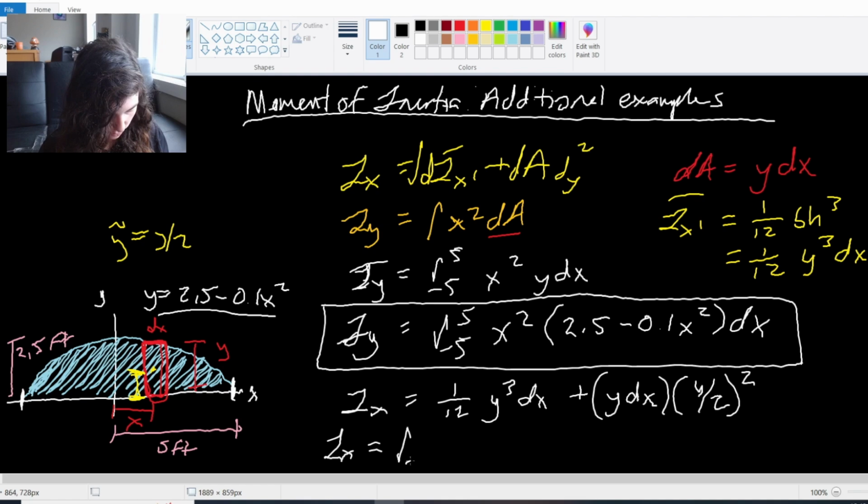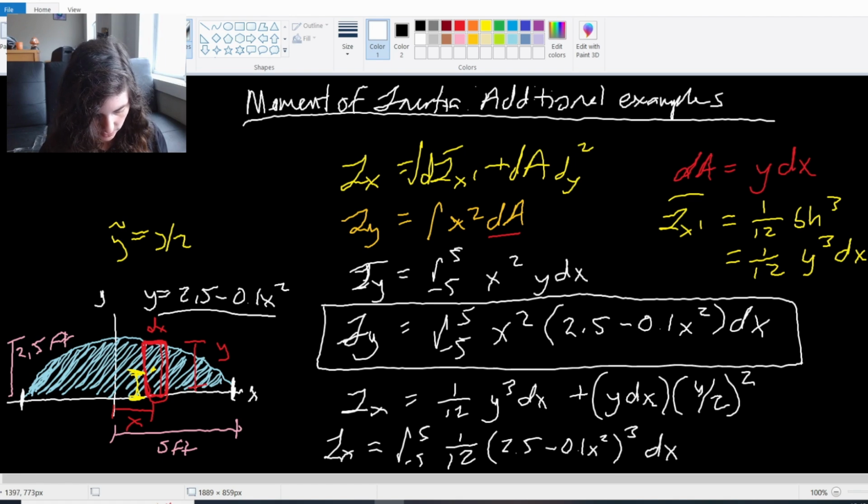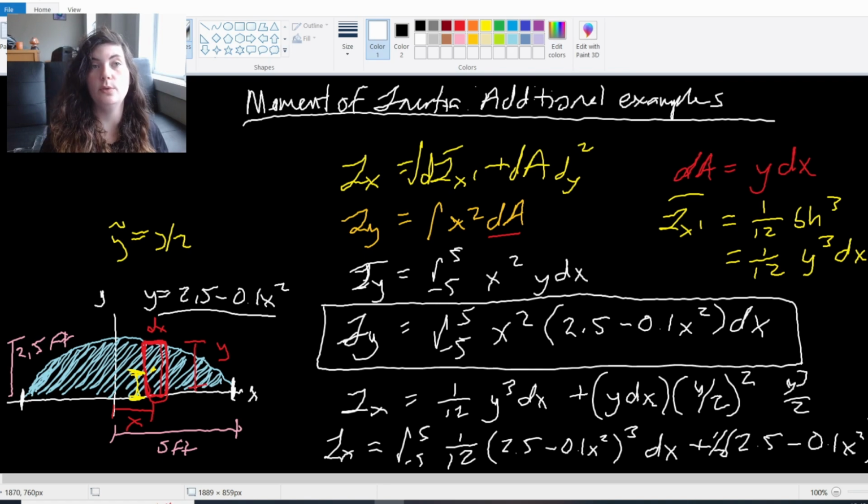I have the integral from -5 to 5 of 1/12 times 2.5 minus 0.1 x squared, all cubed dx, plus, substituting this in, I can rewrite this term as y cubed over 2, so 1/2 times 2.5 minus 0.1 x squared, all cubed dx. All of this is one integral evaluated from -5 to 5. So this would be my second integral.